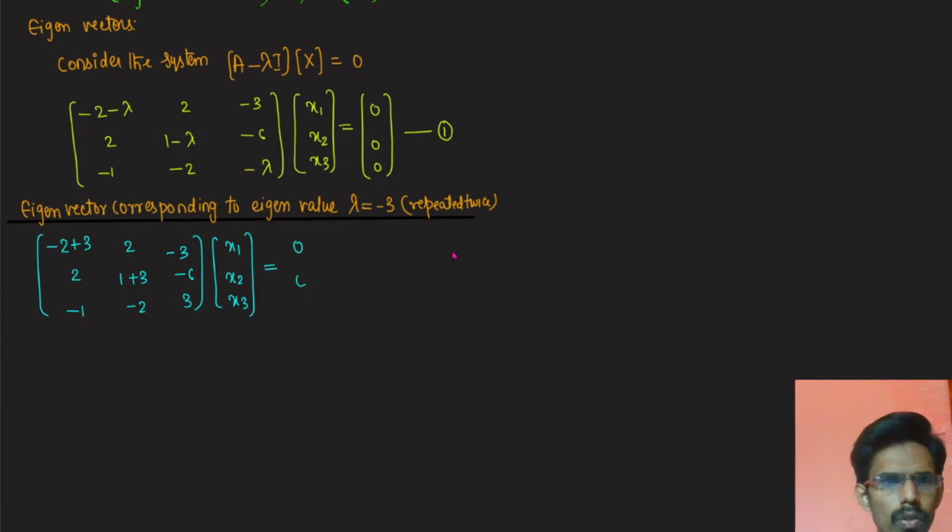Here I have 0 0 0. Now 3 minus 2 will be 1, 2, minus 1; 2, 4, minus 2; minus 3, minus 6, 3.